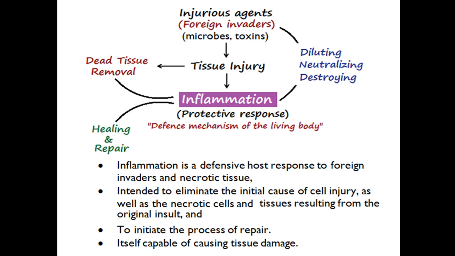So basically what we learn is that inflammation is a defensive host response to foreign invaders and necrotic tissue. Remember these two triggers. Inflammation is intended to eliminate the initial cause of cell injury, as well as the dead and damaged necrotic tissue and cells that may result from the original insult. In addition, inflammation will initiate the process of restoring the damaged tissue to a state of healthy and normal tissue.